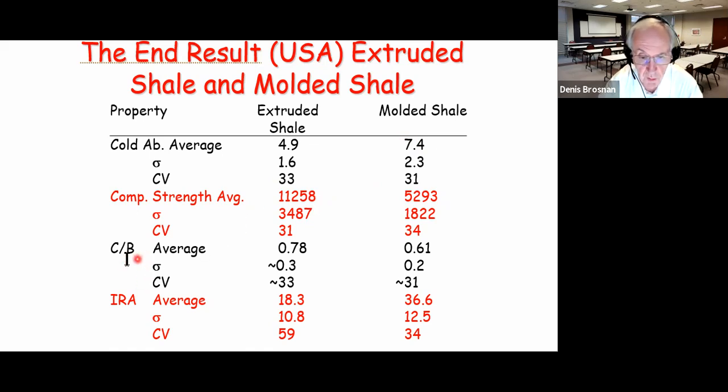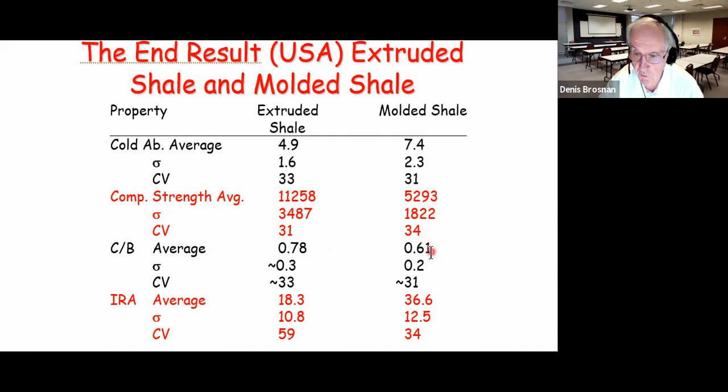Now notice the cold water to boiled water absorption specification. The specification says that the bricks must have a maximum of 0.78, and the average brick made in the United States is right at the maximum. Okay, well that tells me that some are going to be above that maximum, and that certainly is the case.